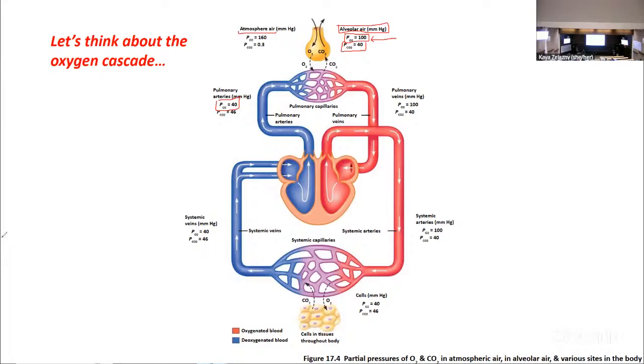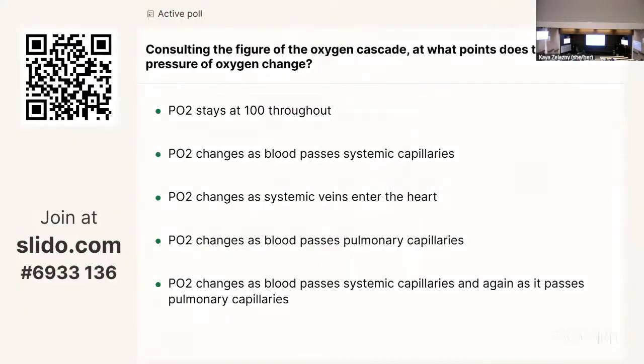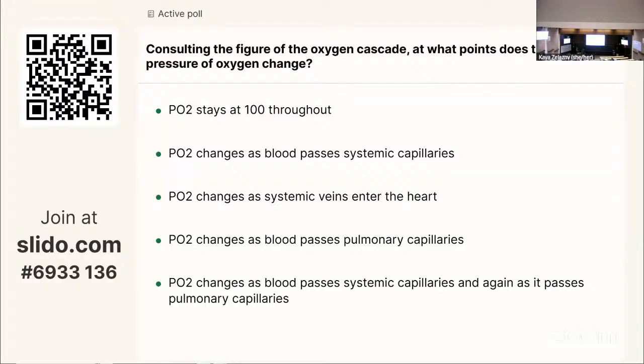I'll take a second to look, and then we'll do the poll. All right, so where did we see that partial pressure of oxygen changing?